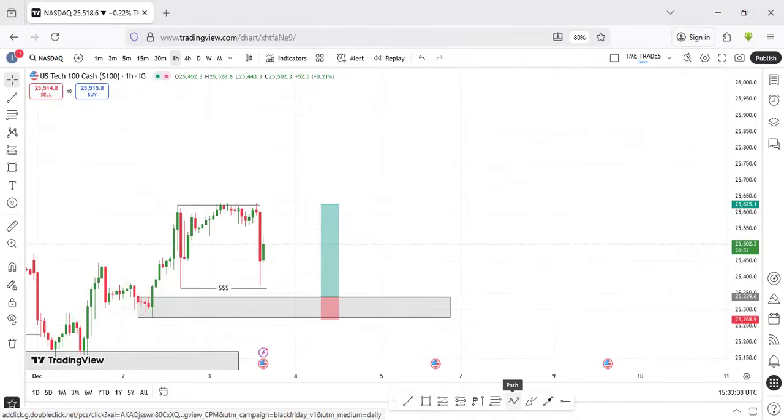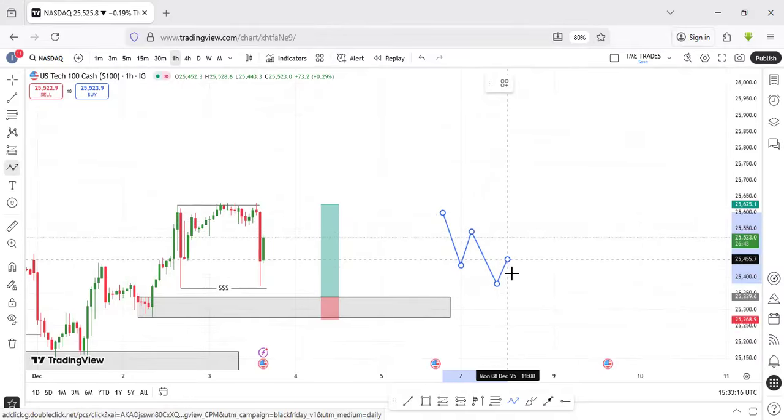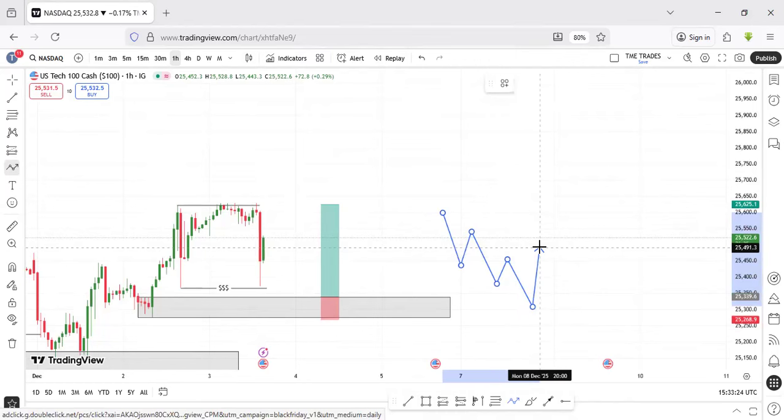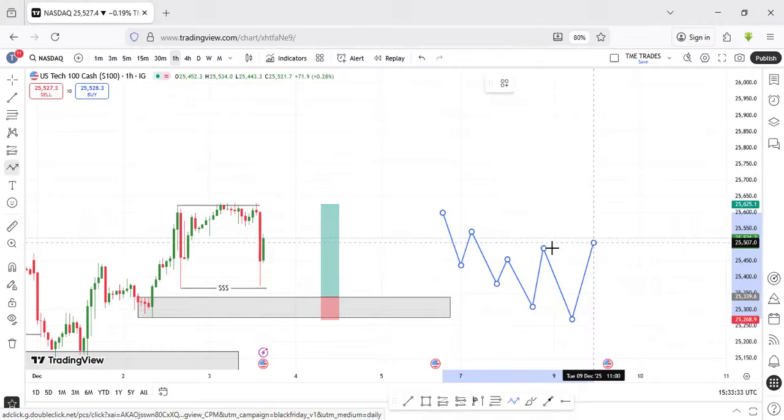If you are looking for any good entry model that you want to be using, when the market is creating a series of lower lows and lower highs, and you are looking for a buy opportunity, you should be expecting something like this: market going above the previous high, taking it as liquidity, then coming back, taking out this low, then going back again, taking out this high.